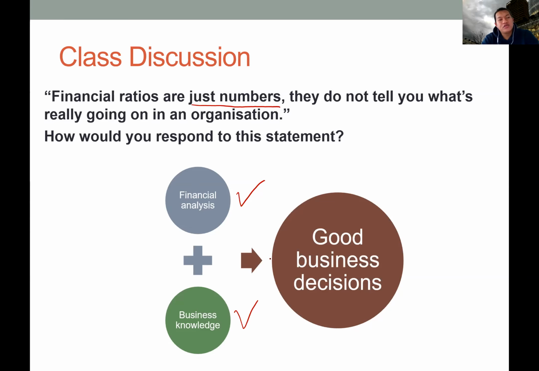Avoid relying on only one ratio, because we have learned that each ratio is really simple. They only compare two accounts or two aspects of the company's operations. So in order to make good business decisions, we should use more than one ratio, which gives a more comprehensive perspective of the company's operations.